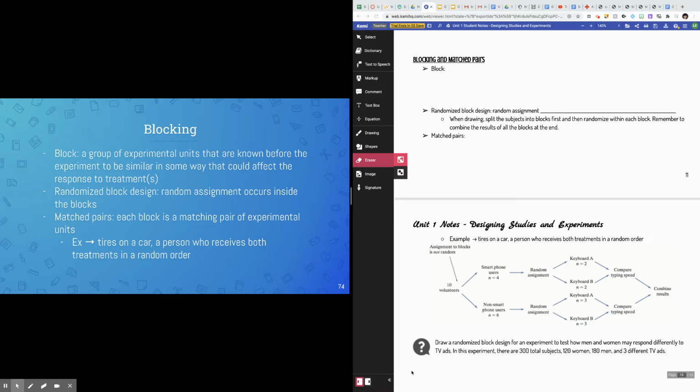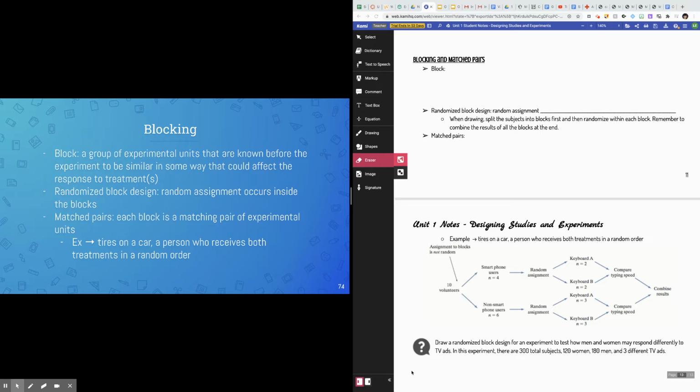Another common one is age. So sometimes if we, as the people designing the experiment, think that age might affect how the subjects respond to the treatment, then what we need to do before we give them the treatment is we need to block.